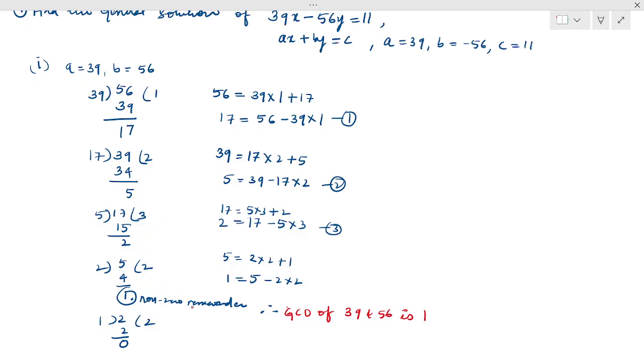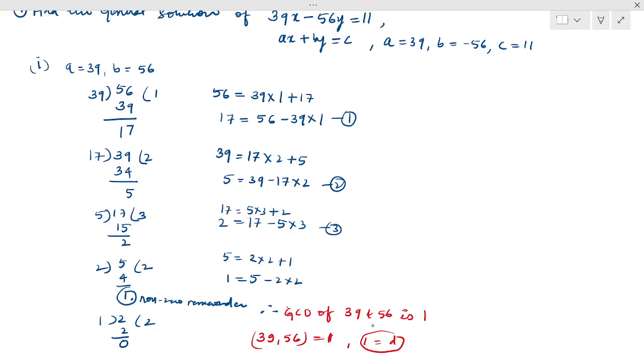In standard form, the GCD of 39 and 56 is equal to 1. This is called d.